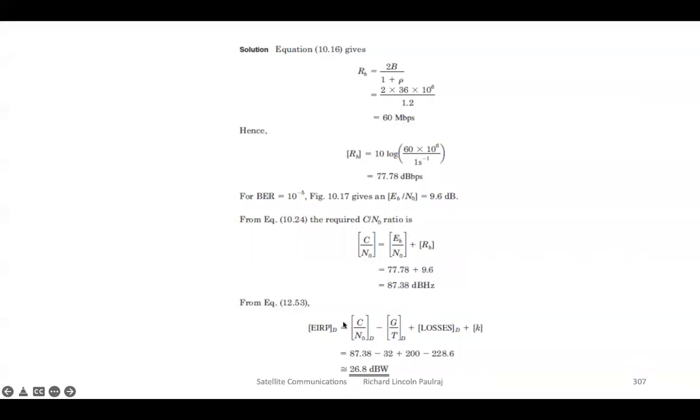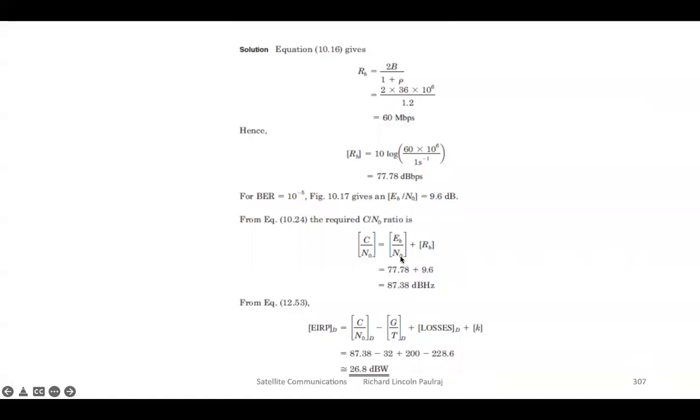Now, if I have to calculate the EIRP with respect to downlink, as we know it's a combination of carrier to noise and G/T, and losses and K. Now, losses are given directly. G/T is also there, which is direct. Now, C/N is a combination of Eb divided by N0 plus Rb.